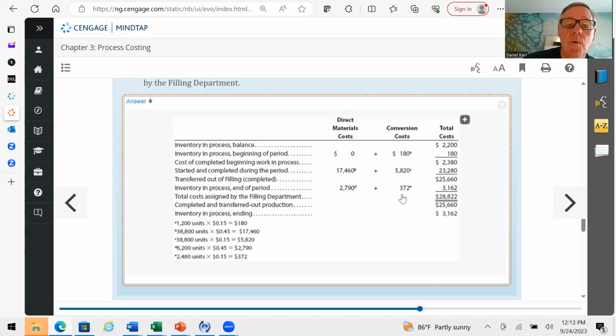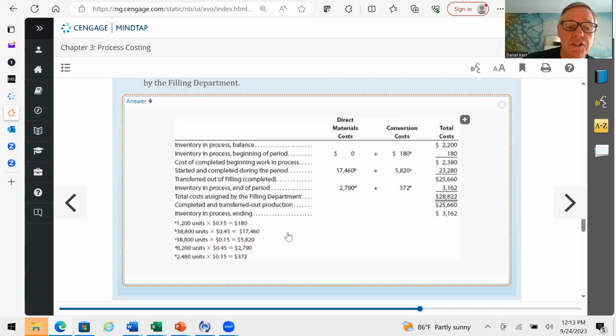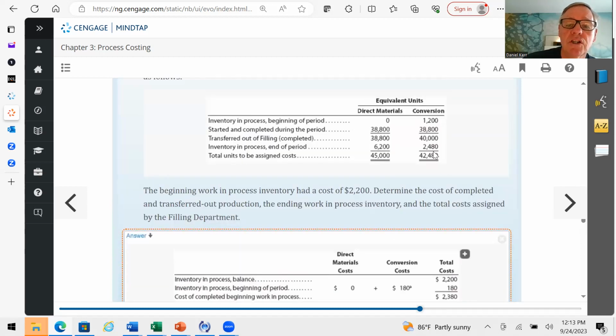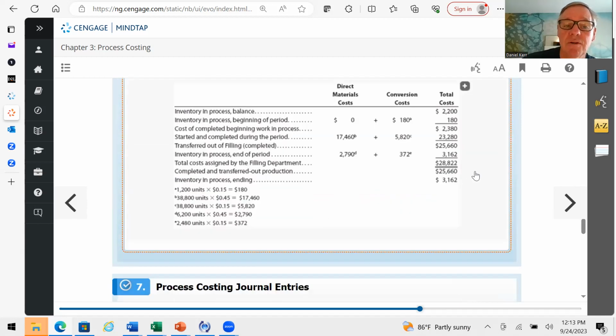So now we want the work in process ending inventory, and they told us work in process ending inventory at 6,200 equivalent units with regard to materials. So 6,200 times 45 cents, that's where I get my 2,790. And with regard to conversion costs, we only had 2,480 units. 2,480 units times 15 cents gives me 372.